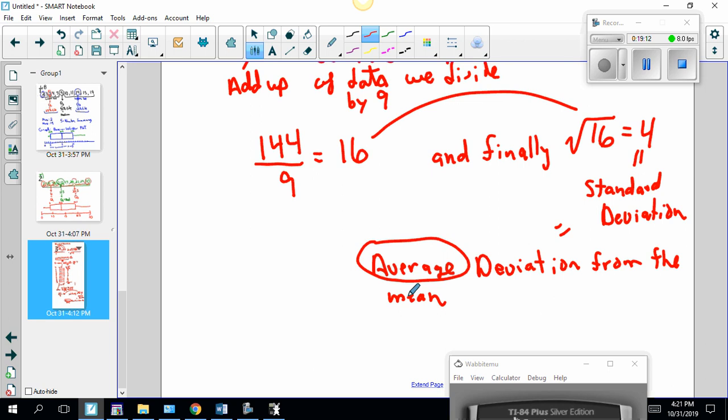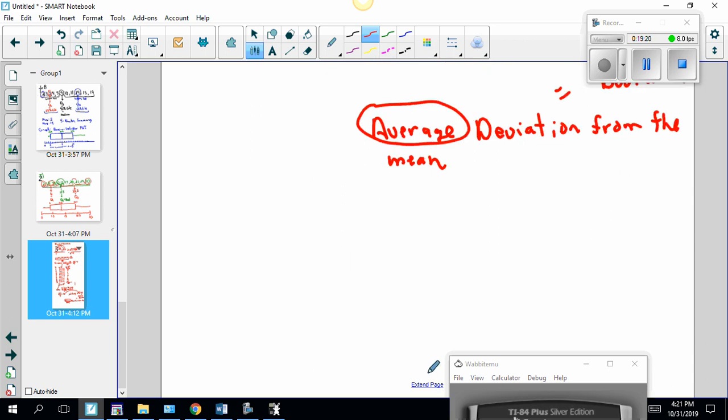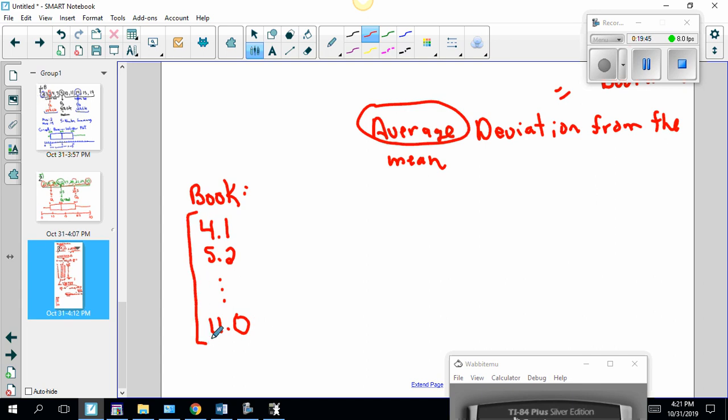Normally, the problems work out pathetically bad. So there's a problem in the book, page 391. It's got this data: 4.1, 5.2, ... 11.0. There are 11 pieces of data. Now we know X bar, because they found it, was 7.2.